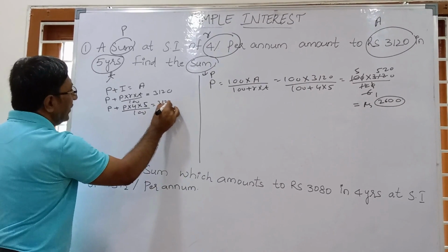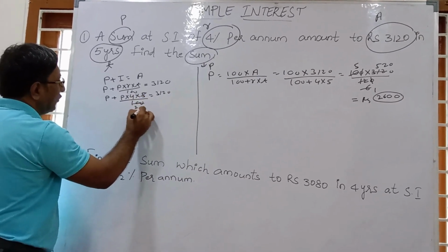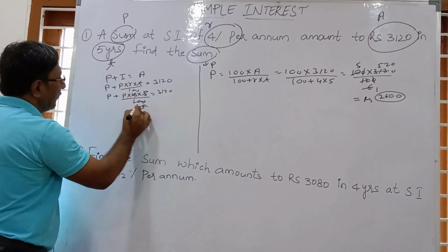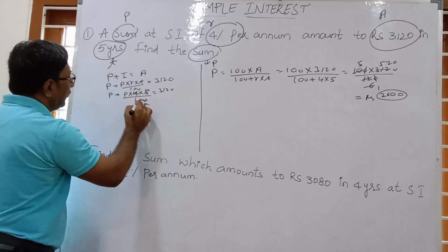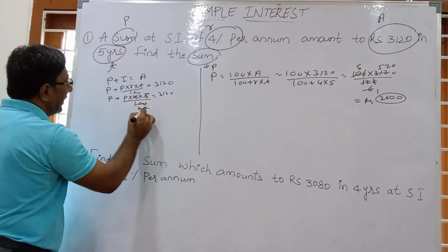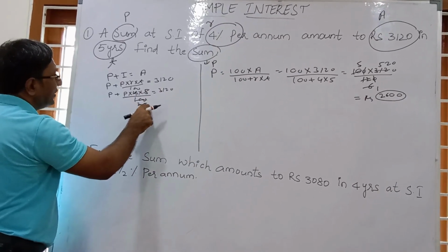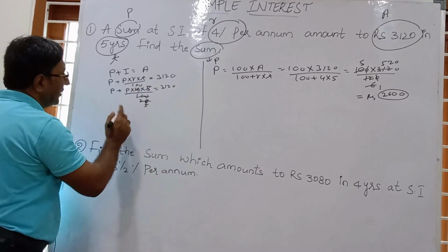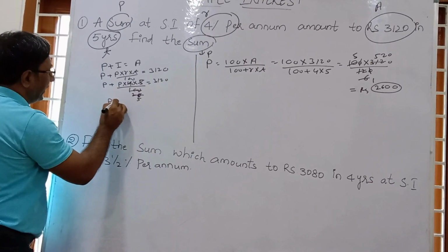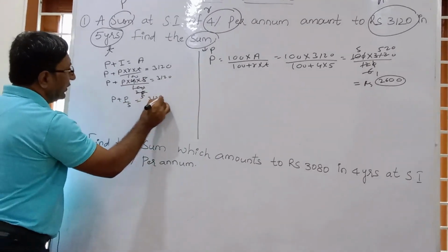This is 3120. Now cancel this: 4 twos are 8 and 2 fives, and 4 ones are 4 and 5 twos are 10, and 4 fives are 20. So 5 twos are 10, that is 20, and 4 fives are 20. So we get P plus P upon 5 equals 3120.